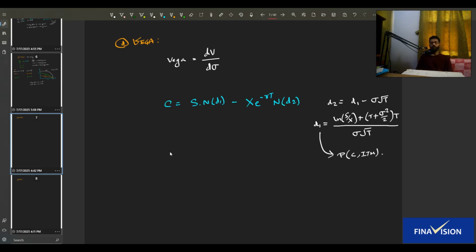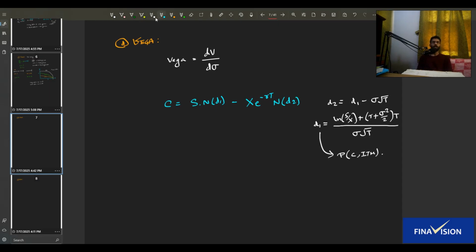Now Vega is maximum when the option is at the money. And from then on either direction, whether it goes deep into the money or deep out of money, the Vega comes down. That is, the impact of change in volatility on the value of the option comes down as the stock's price moves away from the strike price.